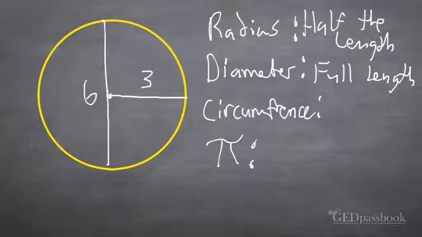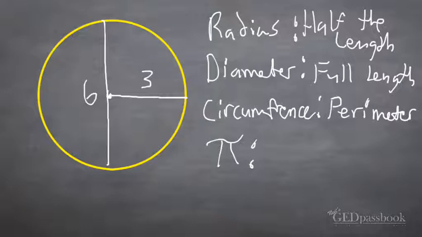Circumference. Does anybody know what the circumference is? Like a perimeter. Exactly. The circumference, my friends, all it is is the perimeter. It is the outside length. It is literally the outside measurement of the circle. So why do they call it a circumference? It's because perimeter literally means the outside of the shape in terms of sides.